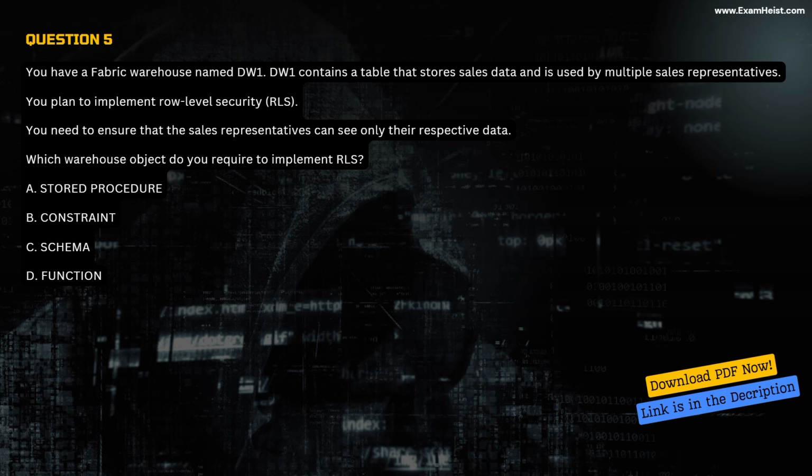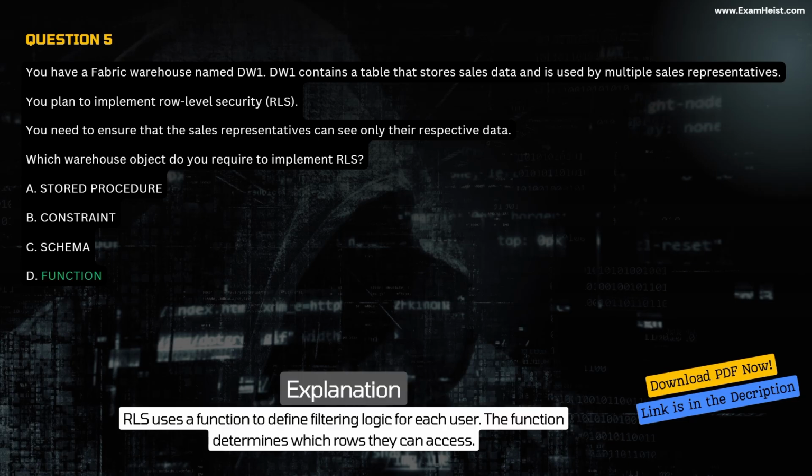A. Stored procedure. B. Constraint. C. Schema. D. Function. Correct answer D. Function. Explanation. RLS uses a function to define filtering logic for each user. The function determines which rows they can access.